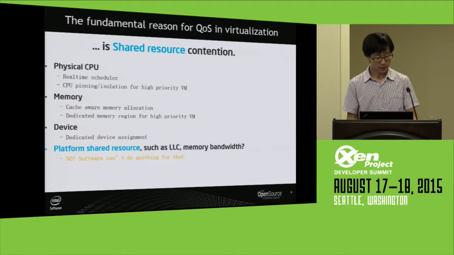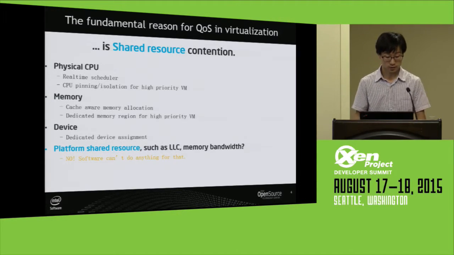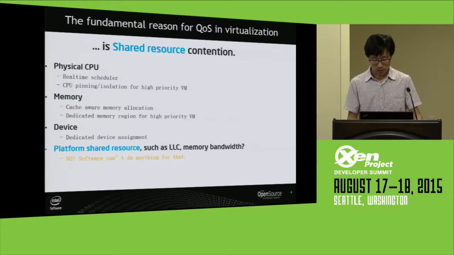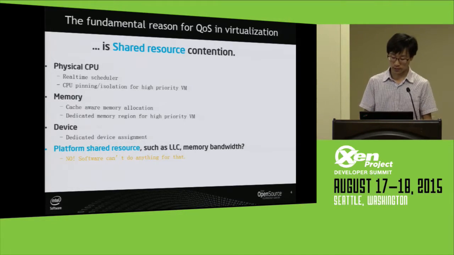But for the last one, the platform shared resources, such as last level cache and memory bandwidth, they are all shared by the VMs on the same host. Do we have ways to control them? Unfortunately, we don't.